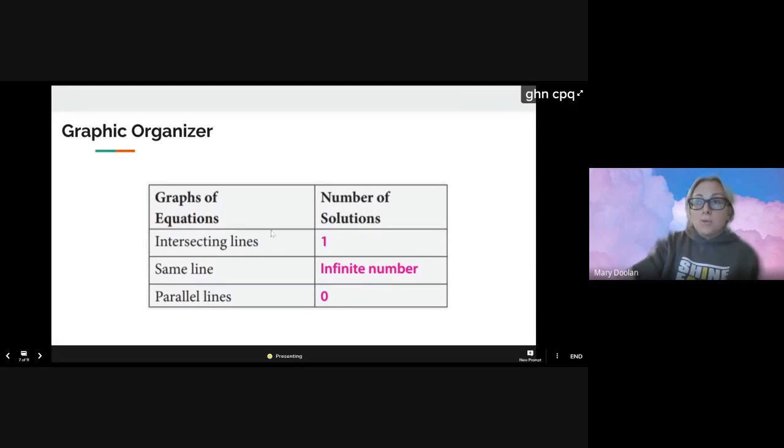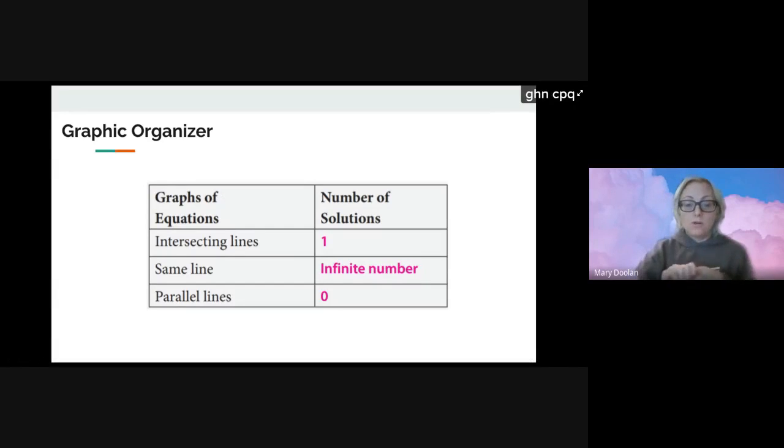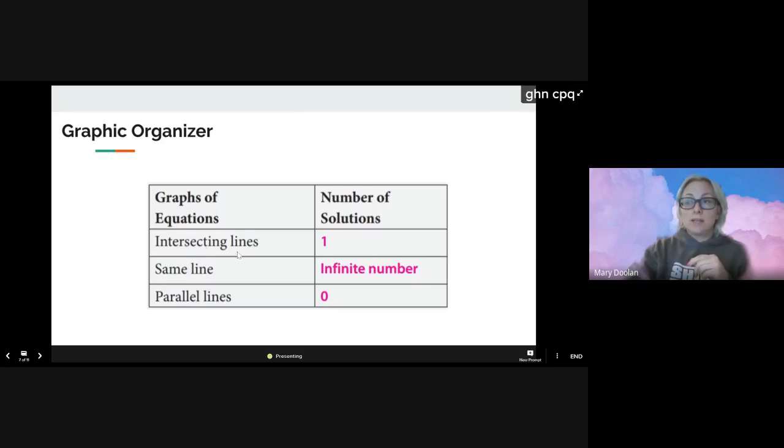When you talk about what you have visually, when you take two equations and you graph them, one of three things is going to happen. Your two lines are going to maybe intersect in one spot. Then there would be one solution.